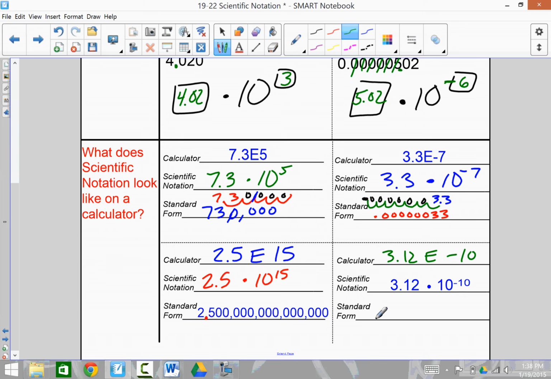And the final answer should be 9 zeros, and then a 3, 1, 2. Why? Because there was your old decimal point between the 3 and 1, and there should be 10 numbers in between the new and the old decimal point. 1, 2, 3, 4, 5, 6, 7, 8, 9, 10. Yep, there is. So there's your final answer without that decimal point there.